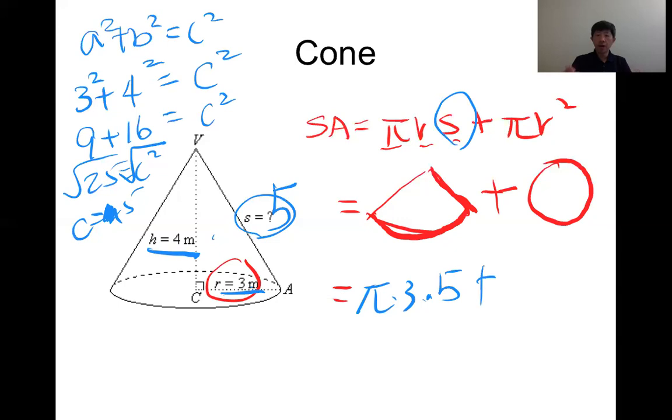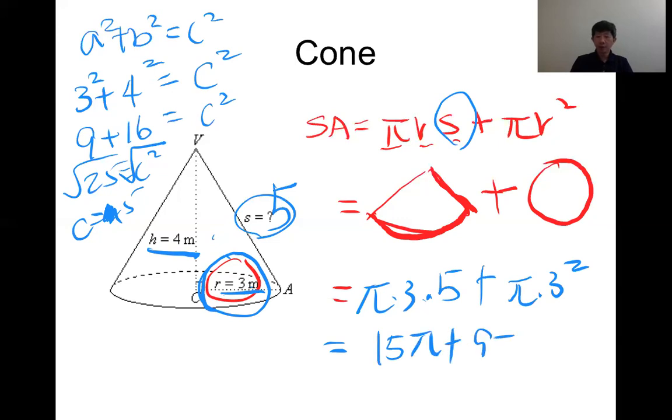Now what about pi r squared? Pi times r, and r is 3, so 3 squared. Now add together: 3 times 5 is 15 pi, 3 times 3 is 9 pi.